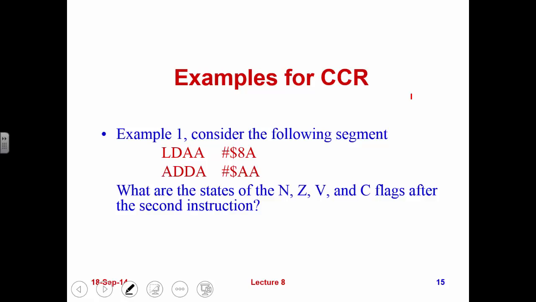Now, let's do some exercise. Well, probably it's good for me to leave this as homework that you try at home. Then in the next lecture I will show you this. When we check the bits N, Z, V or C, it is mainly about when we involve an arithmetic operation, addition or subtraction, inside the instructions, inside the program.